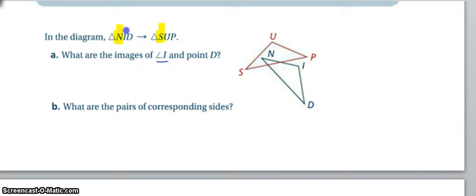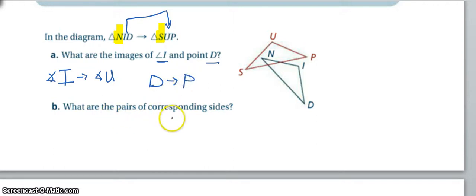Well, since I matches U, then the image of angle I would be angle U, so we can write angle I translates to angle U, and then point D, well D being the third point, will then match up with P, so point D will translate to point P.